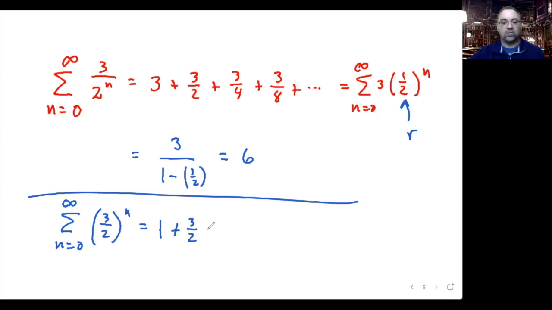What's the next term in the series? Well, that's 9/4, and so on and so forth. Notice though, now the common ratio is 3/2. That's greater than 1. This series is divergent. It doesn't approach a single value. It blows up, it goes to infinity.